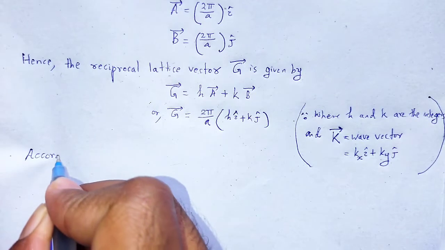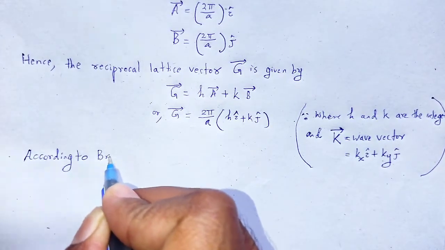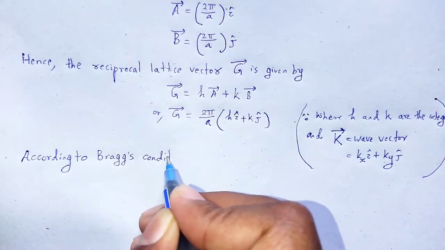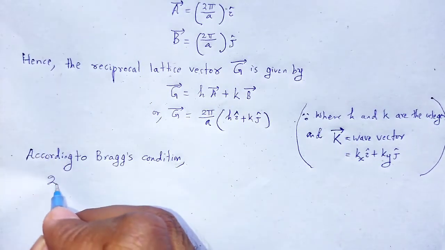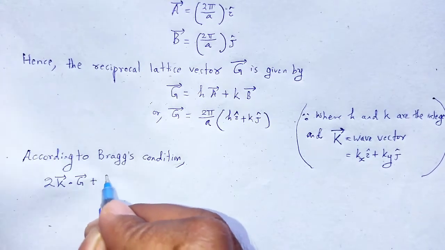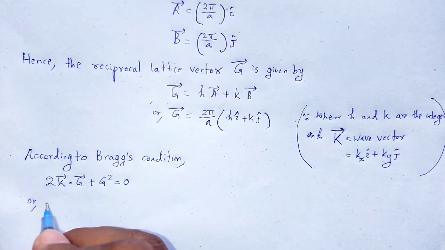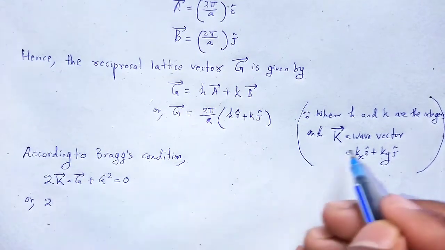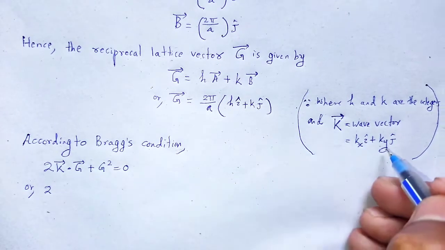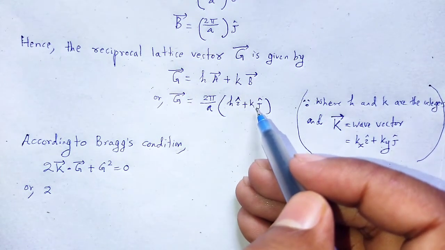According to Bragg's condition, 2 k vector dot G vector plus G square is equal to 0, or 2 k vector as kx i cap plus ky j cap, dot product with G vector 2 pi by a, h i cap plus k j cap.